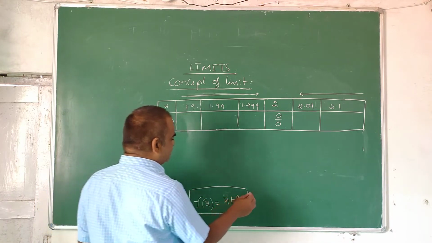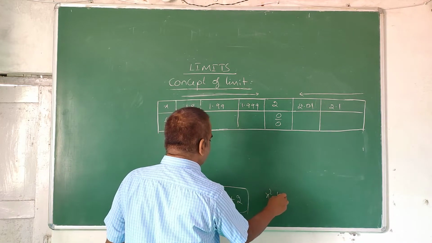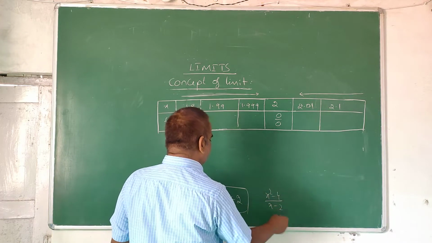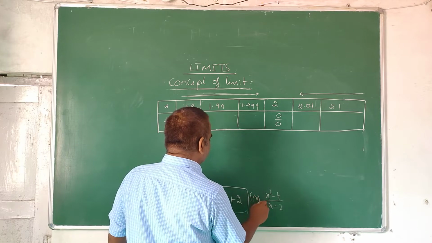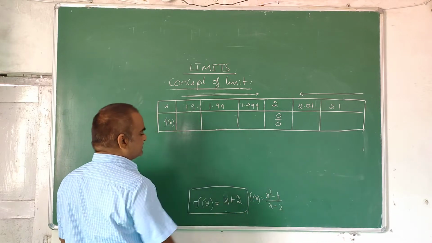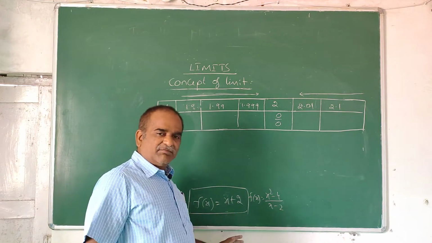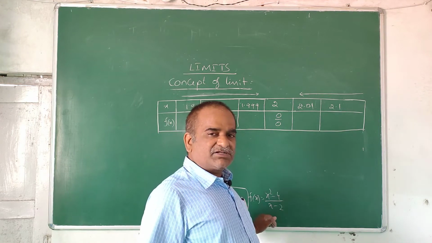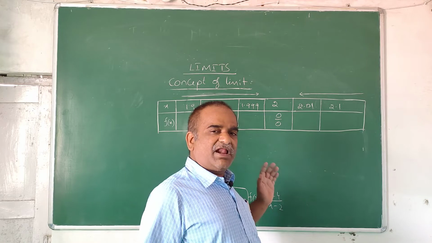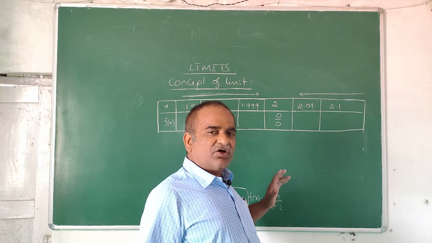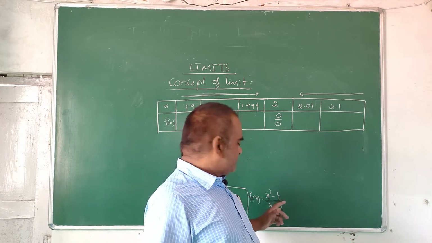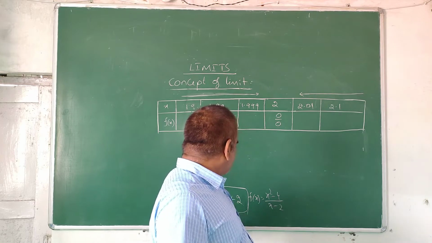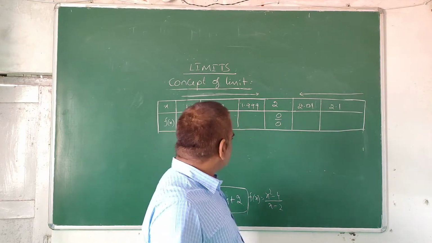Originally it is x square minus 4 by x minus 2, but after simplifying, when x is not equal to 2, f of x is x plus 2. So please have an idea: the original function has the domain R minus 2, and if you further simplify this function, it takes the form f of x is equal to x plus 2.